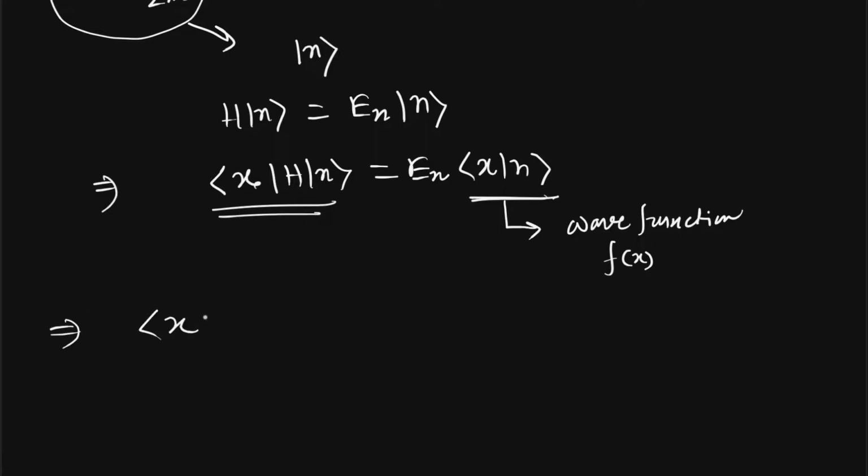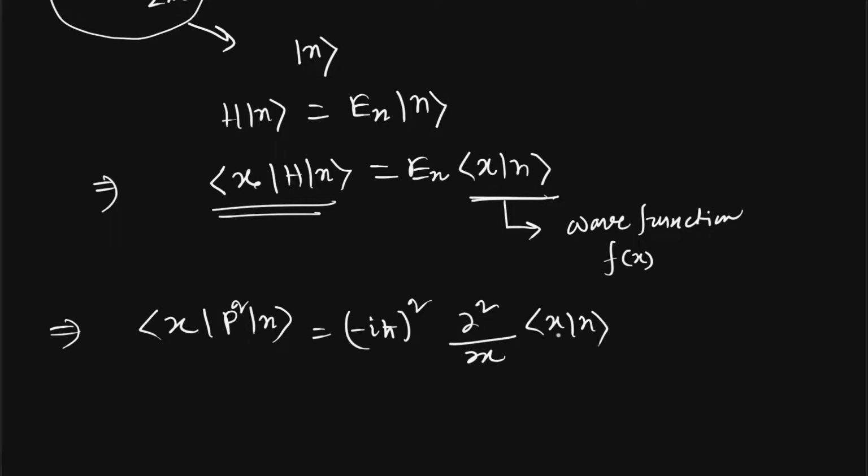It is ⟨x|p²|n⟩, and we know from the representation of momentum in position kets, this is nothing but minus iħ squared into ∂²/∂x² ⟨x|n⟩.